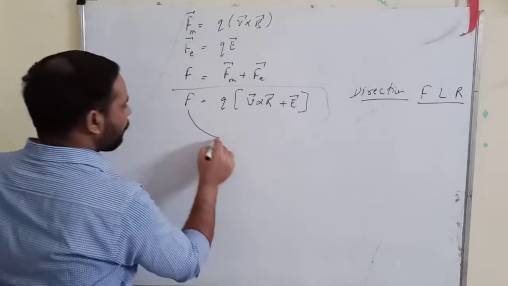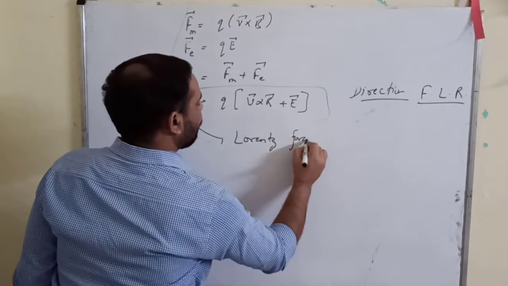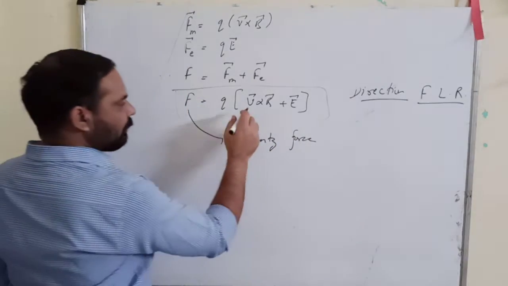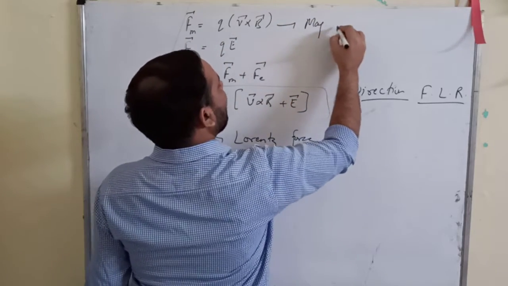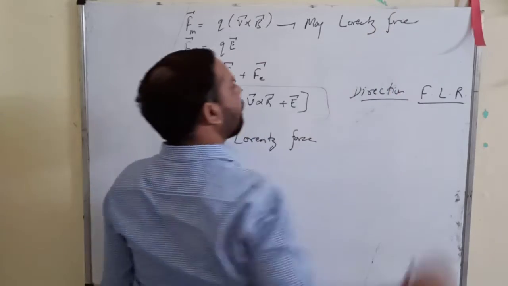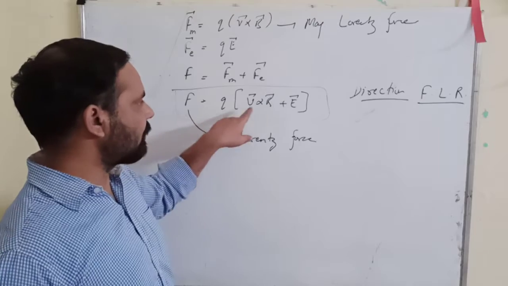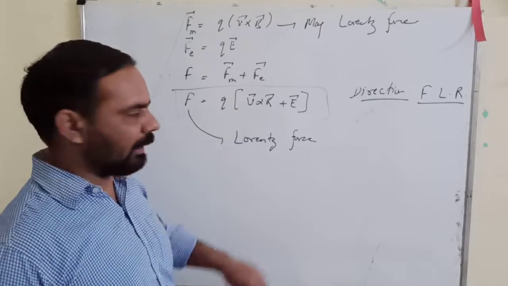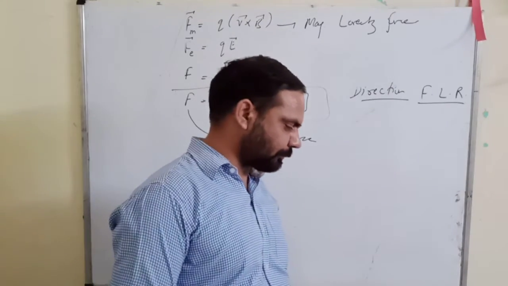Okay, this force is called Lorentz force. This part is called magnetic Lorentz force. Lorentz force means Q times (V vector cross B vector plus E vector). This is Lorentz force. This is magnetic Lorentz force.